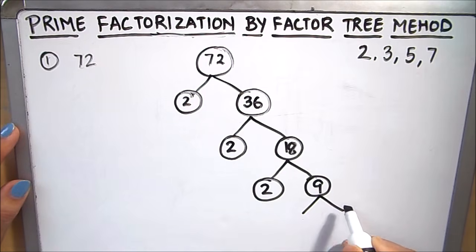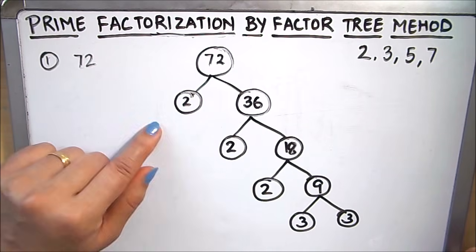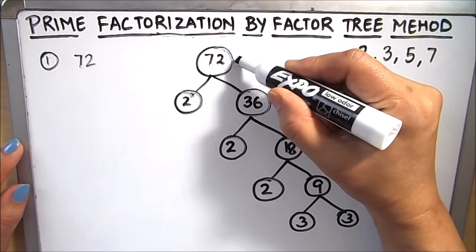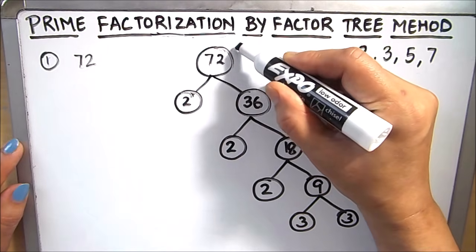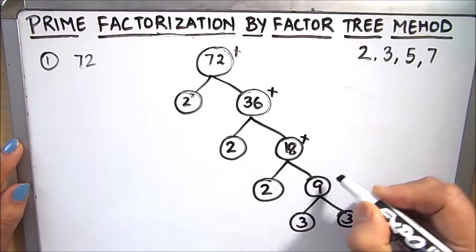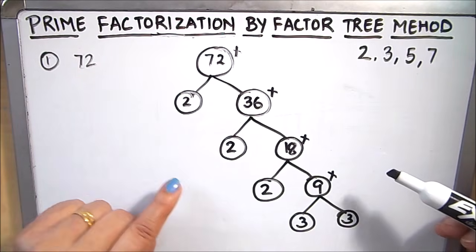We can write 9 as 3 times 3. So we got all the prime numbers. It cannot be further divided, so we'll stop here. One thing you should keep in mind is that the numbers we are dividing, like this one, this one and this one, we are not going to write in our factors.